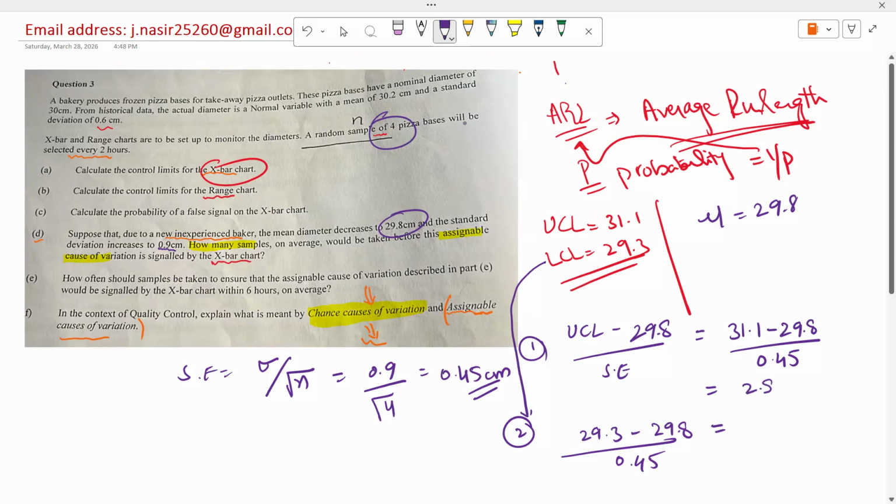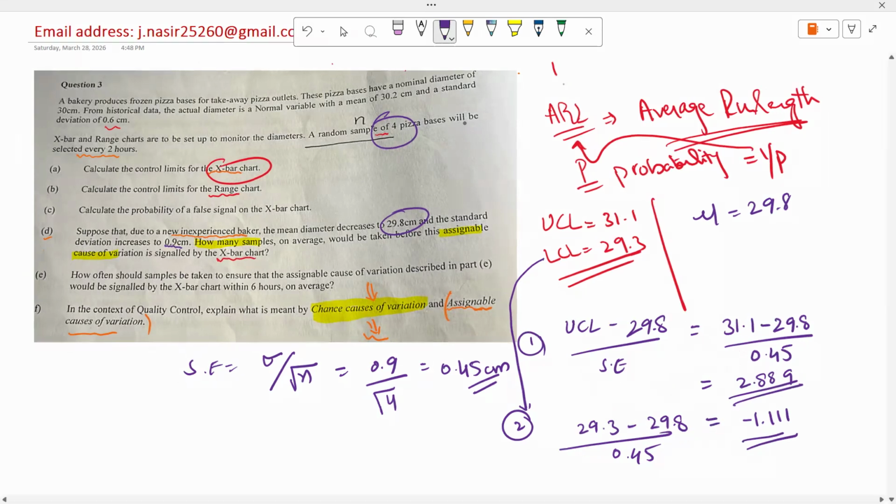It's 2.889. And the z-score for the lower control limit is minus 1.111. If you take it to three decimal places, that would be minus 1.111, and similarly for the z-score for the UCL.